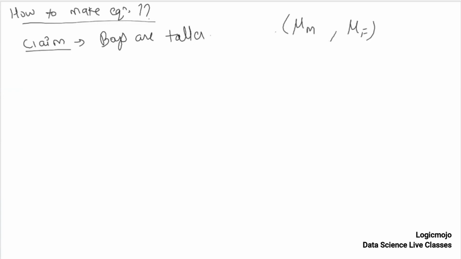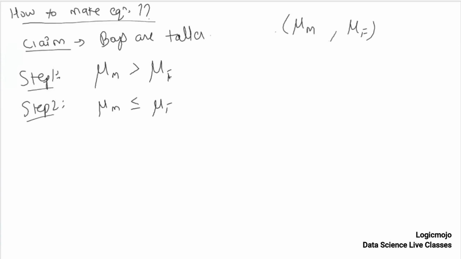So what is the first step? Step one, write this statement in the form of an equation: mu male greater than mu female. Step two, write the opposite of this equation. The opposite is exactly the opposite: mu male less than or equal to mu female.